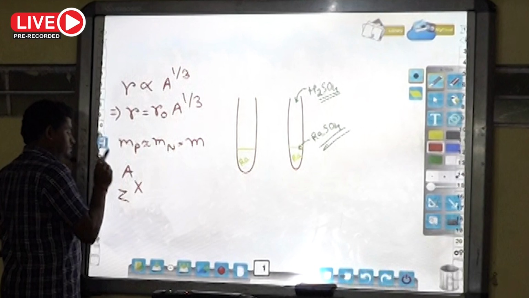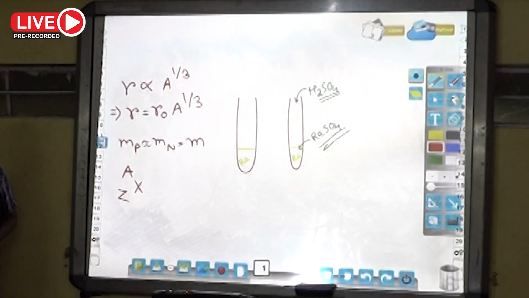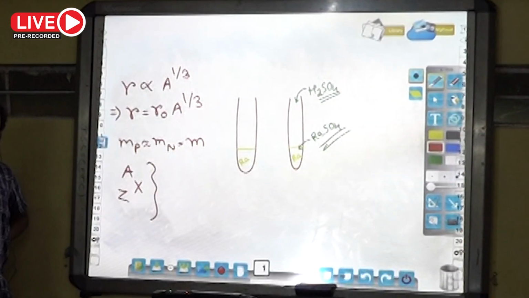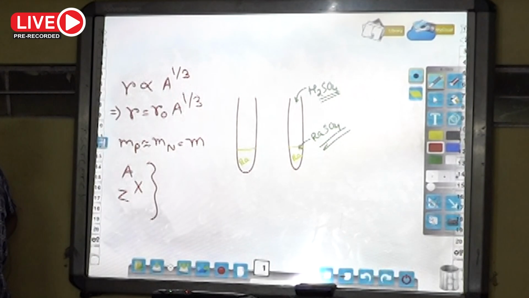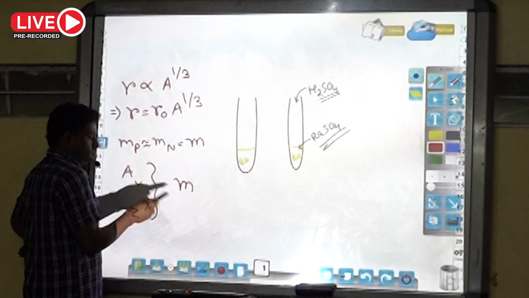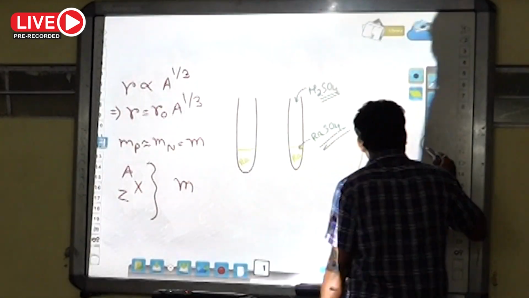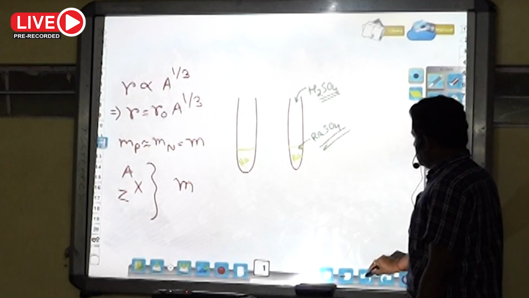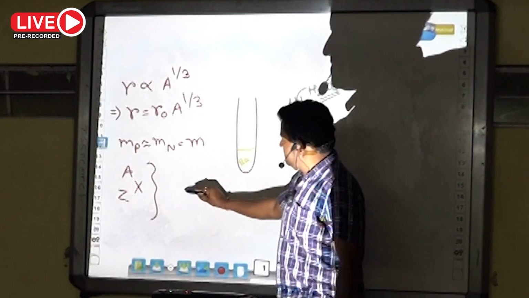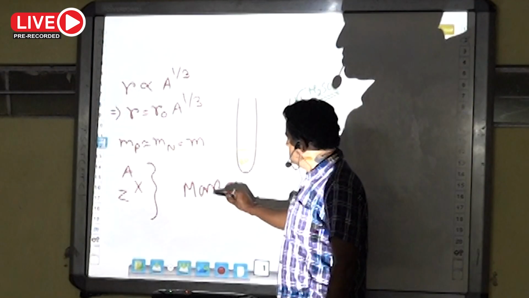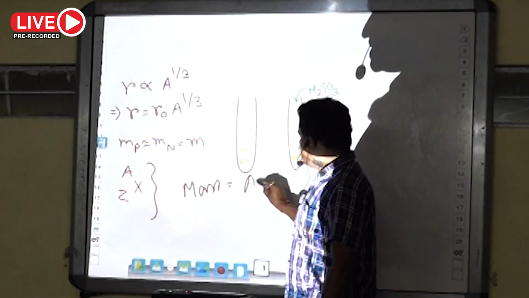Now let us consider a nucleus ZXA. What is the total mass of the nucleons that I can measure? Total mass of the nucleons, let that be capital M. Can I write, it is just A into m.